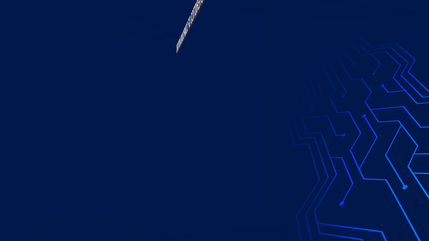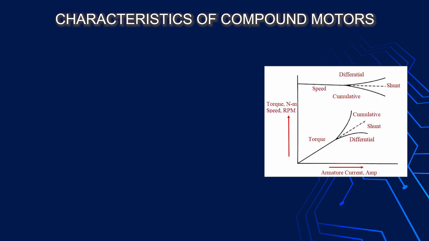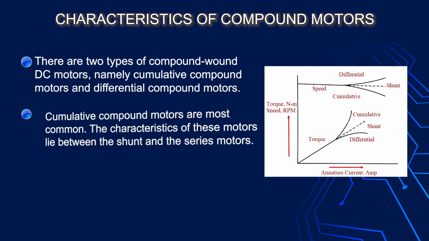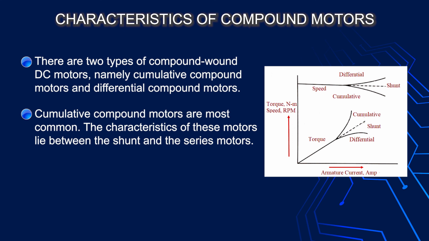Now we are going to discuss characteristics of compound motor. As you know, compound motor is of two types. First one is cumulative compound motor and second one is differential compound motor. Cumulative compound motors are most common, and the characteristic of the motor lies between the shunt and series motor. Here you can see that speed in case of differential compound motor increases when armature current increases, unlike a cumulative compound motor.